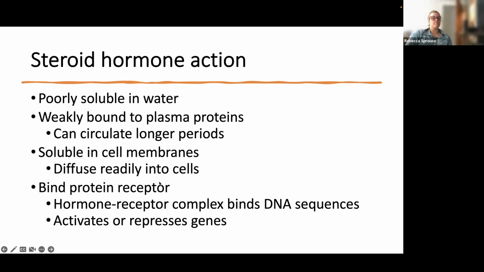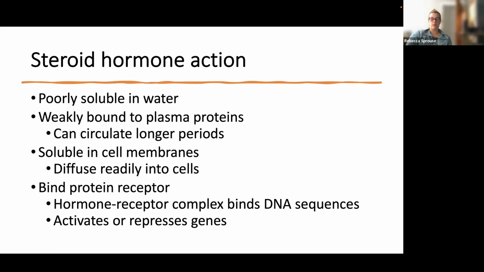And once they're in the cell, they're going to bind up a receptor. The receptor is actually located in the cell rather than on the cell surface for steroid hormones. And it's going to enter the nucleus of the cell and bind up DNA sequences, form mRNA sequences, and then translate into proteins that are necessary for whatever action that hormone is intended for.